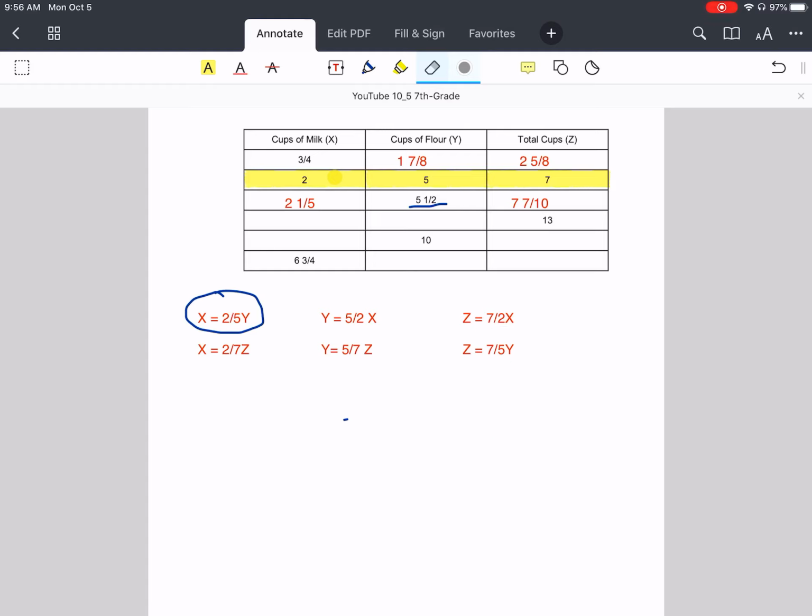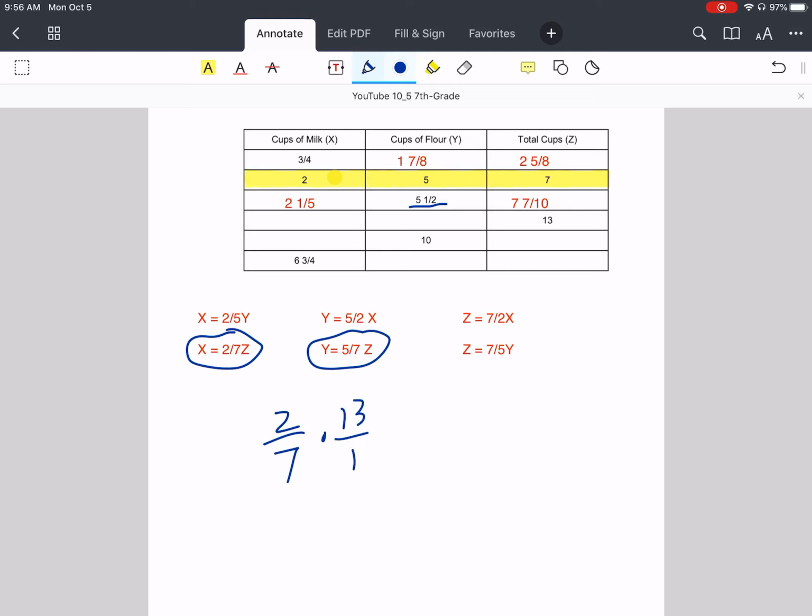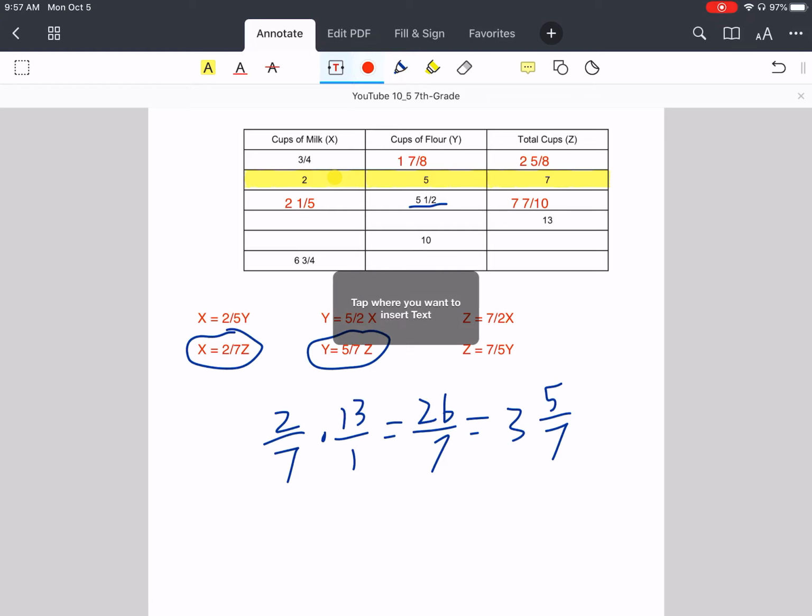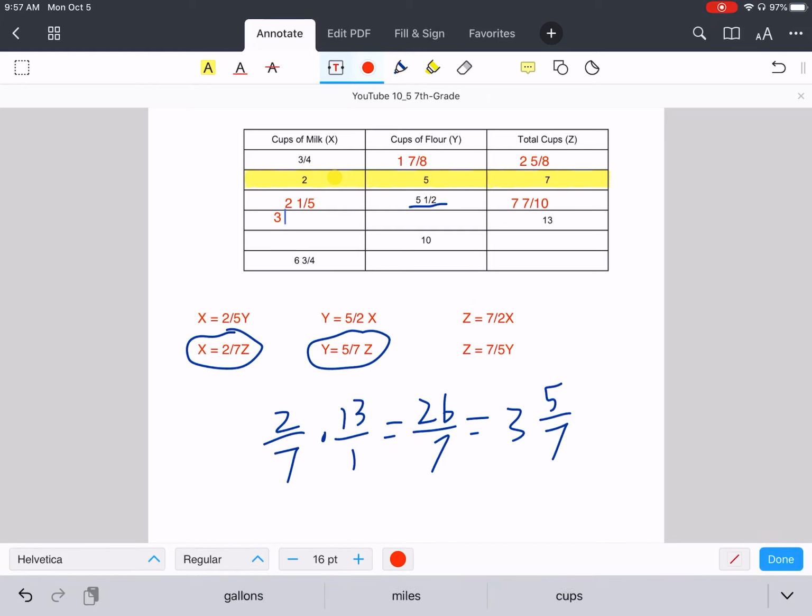Okay, fourth row, we have z equaling 13. So the equations we're going to use are going to be x equals 2/7 of z, y equals 5/7 of z. So we have for x value 2/7 times 13, that equals 26 over 7, which equals 3 and 5/7. So I'm going to put in 3 and 5/7.